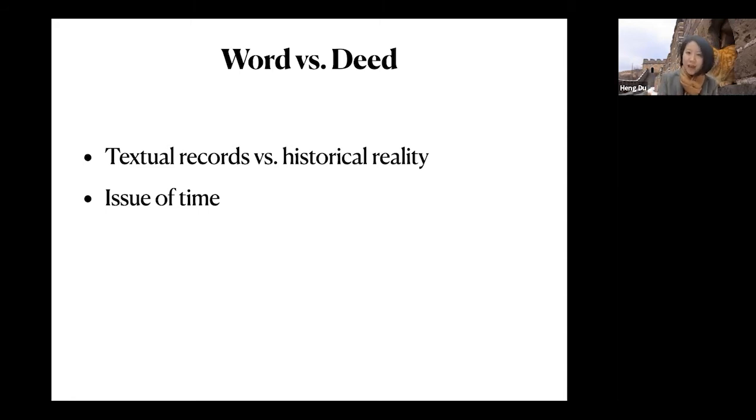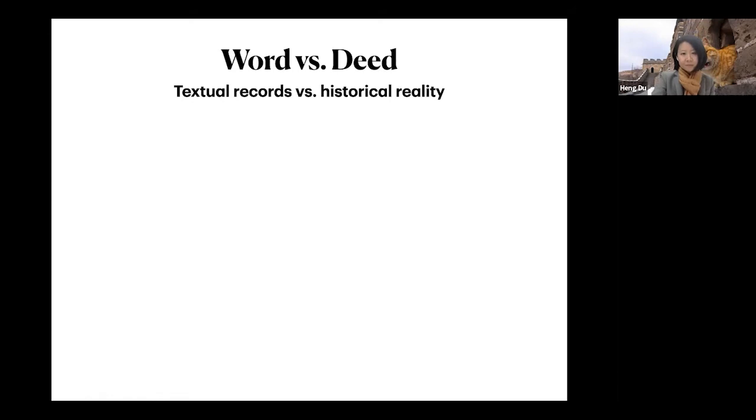And then the issue of time, which I'll explain a bit, is in some ways also a word versus deed issue. So I would say the relationship, and oftentimes the conflict, between textual record and historical reality, negotiating these two things, is an intrinsic aspect of historians' craft.